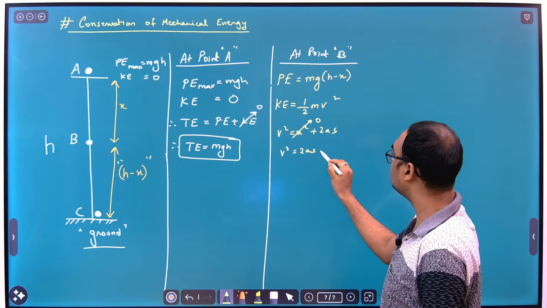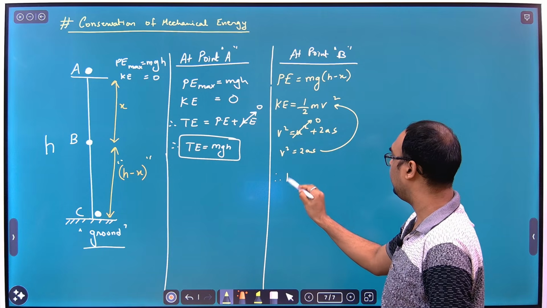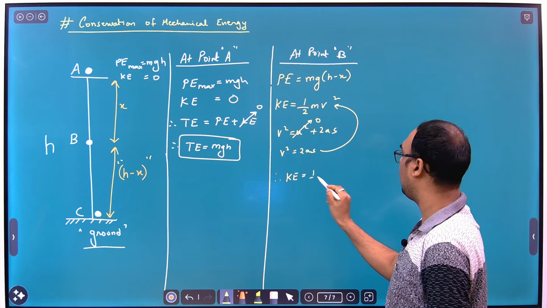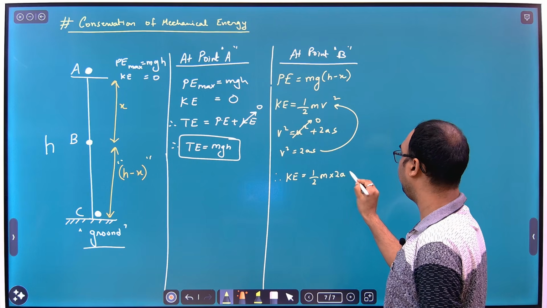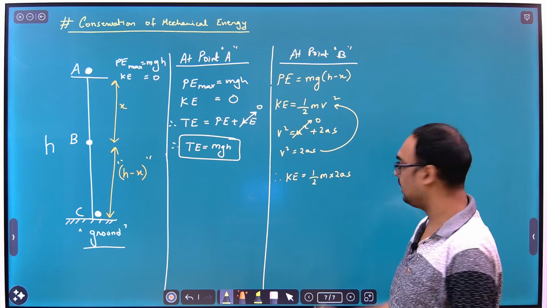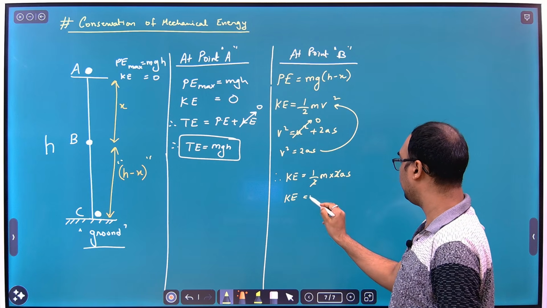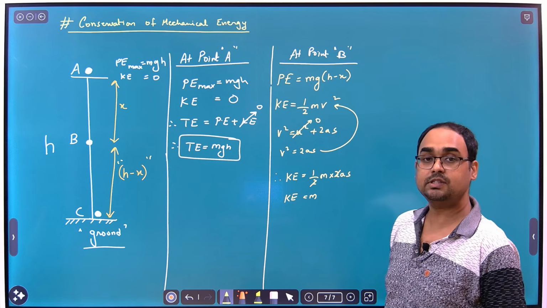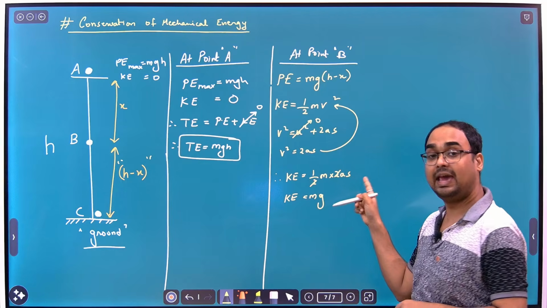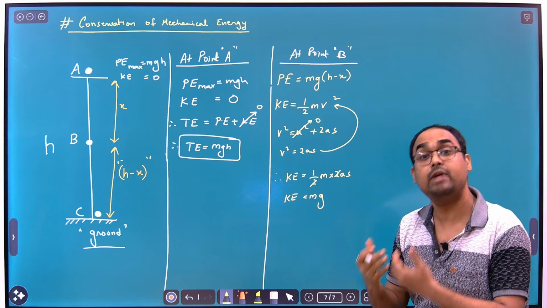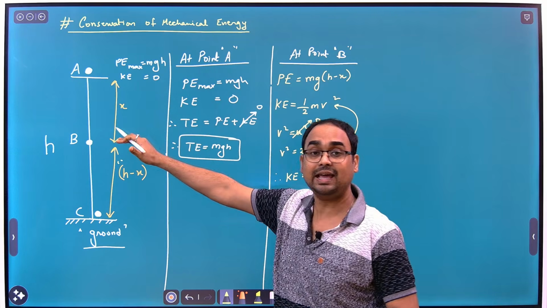If we use this value over here, then kinetic energy comes to be half m into 2as. The 2 cancels, so kinetic energy equals m times a times s. Acceleration is now gravity, g. And what is s? It is the distance it has already traveled. When the body is at B, it has already traveled x distance.